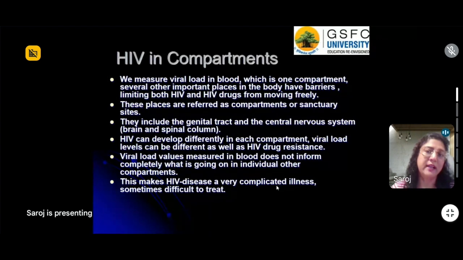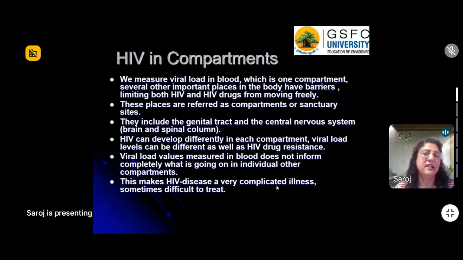But you also have to understand that this virus is not restricted only to your body fluid, in terms of CD4 cells or your blood plasma. It is also moving all around your system, and parts of your genital tract or the central nervous system can become a sanctuary for this virus.